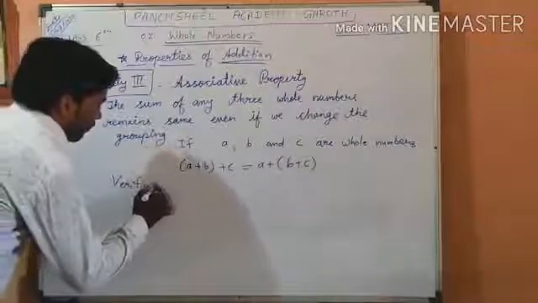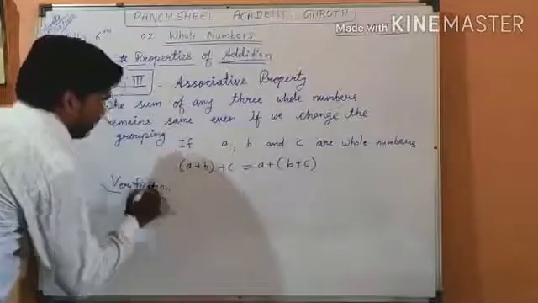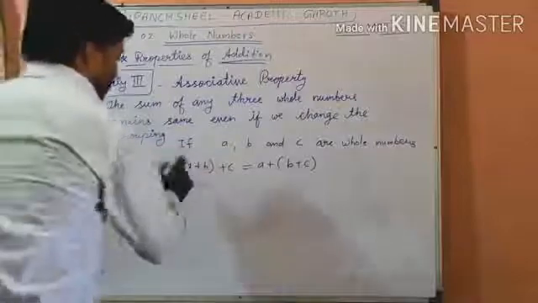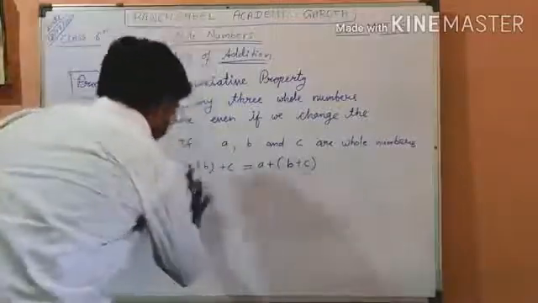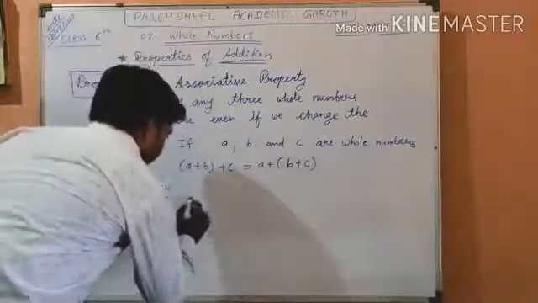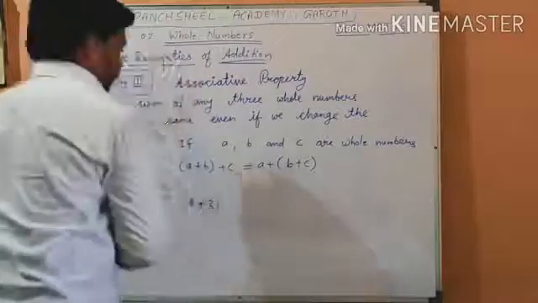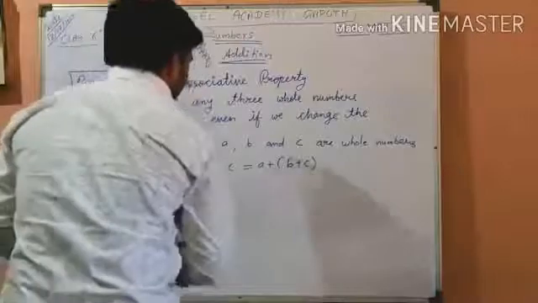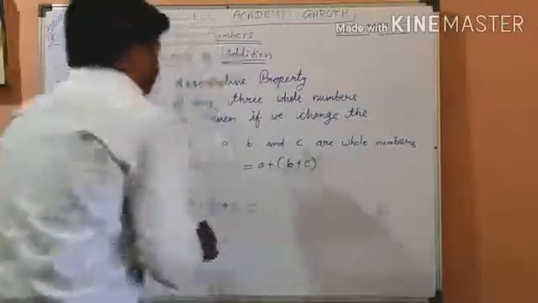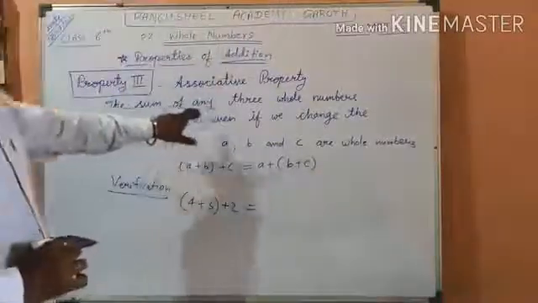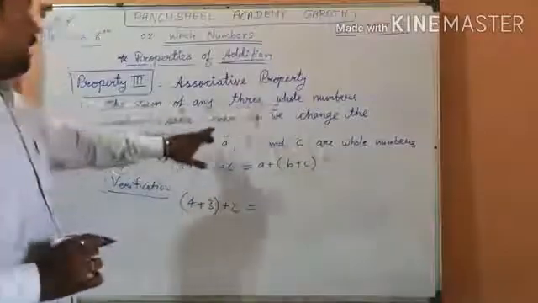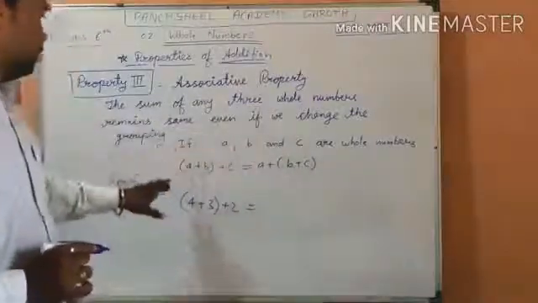Let's take a verification here. Suppose A is 4, B is 3, and C is 2. The sum of any three whole numbers remains the same even if we change the grouping.